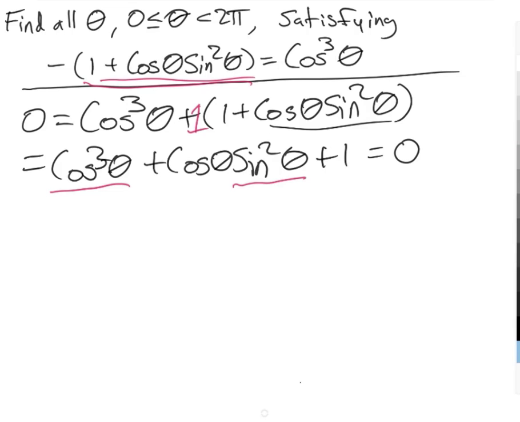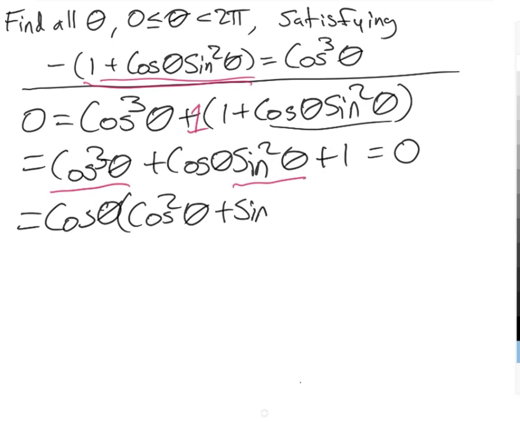What we can do here is factor out a cosine of theta from these first two terms. After doing that, we get cosine of theta times (cosine squared of theta plus sine squared of theta). This 1 over here did not have a cosine to factor out, so we leave that as it is.